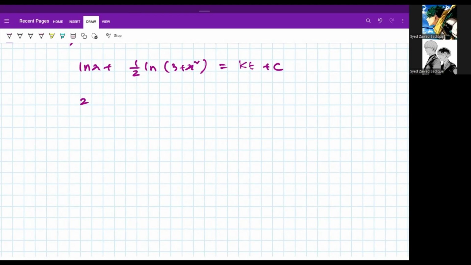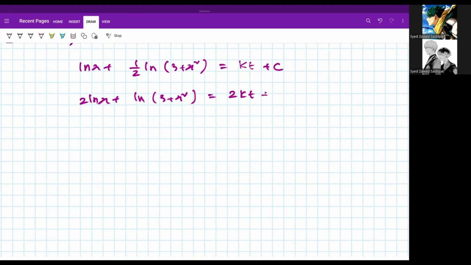So it becomes 2 ln x plus ln (3 plus x squared) is equals to 2kt plus c. Let c be a constant, okay? Don't write it 2c.